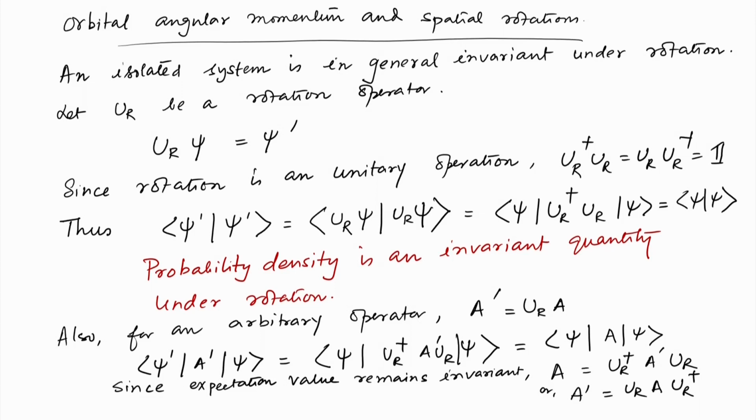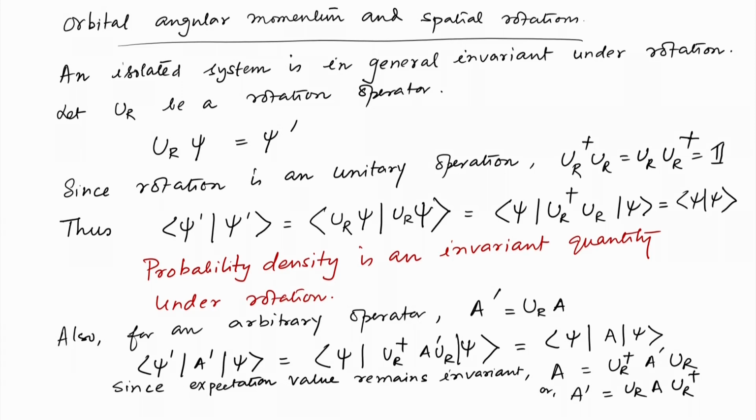So, U_R is particularly reserved for the wave function. U_R acting on psi will transform it to psi prime. And rotation is of course a unitary operation, which means that U_R dagger U_R is equal to 1, where 1 means an identity matrix.